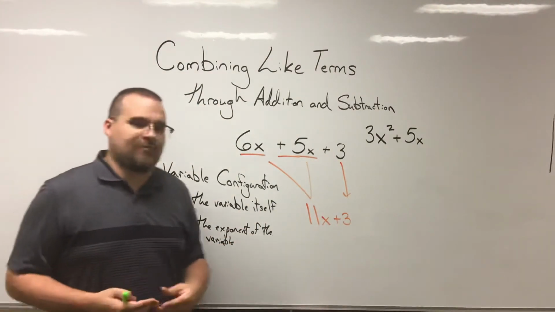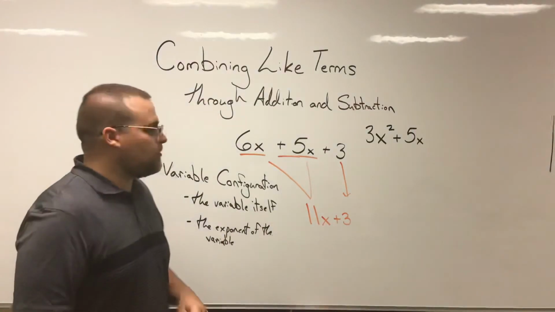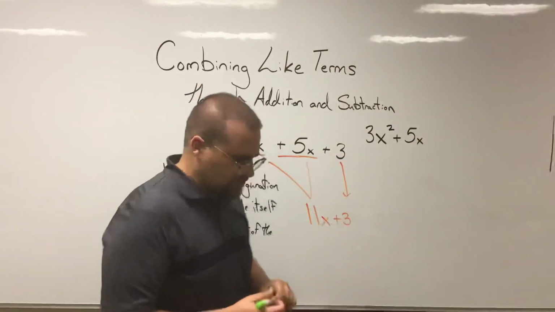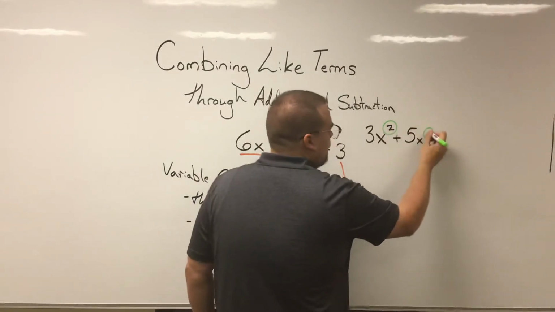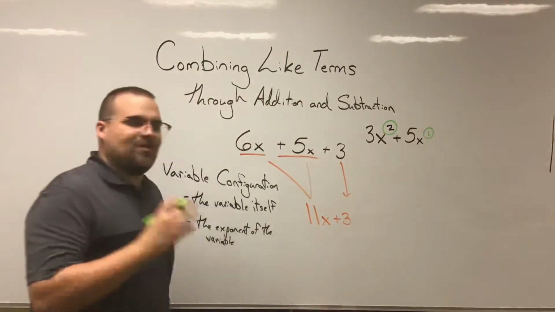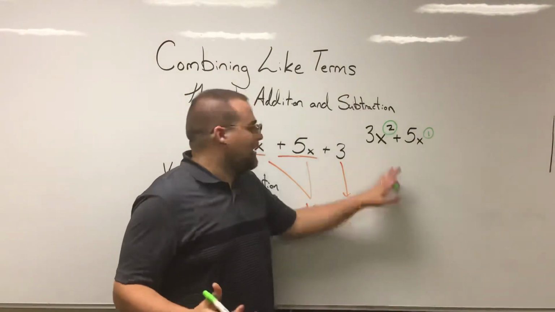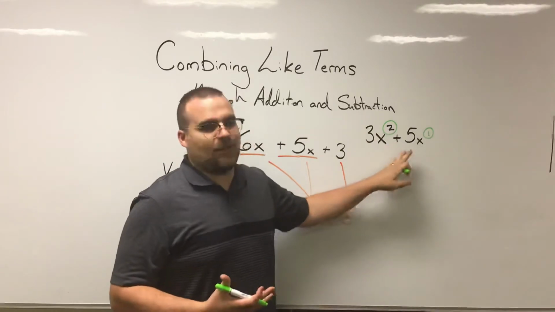The exponent of the variable. Are their exponents the same? That's where we're led astray. This is x squared, this is x to the first. So we notice a problem when it comes to that spot right there. They do not match, therefore they cannot combine, and there's nothing we can change or evaluate about this expression right now.